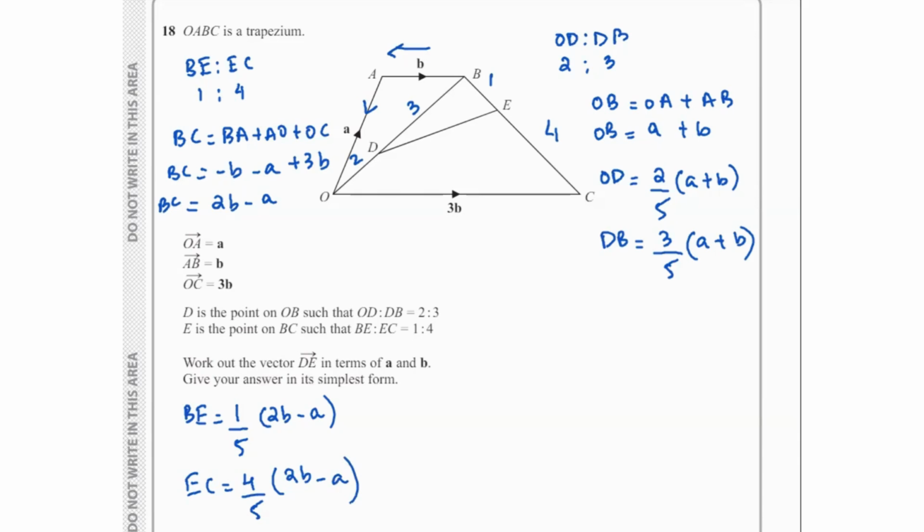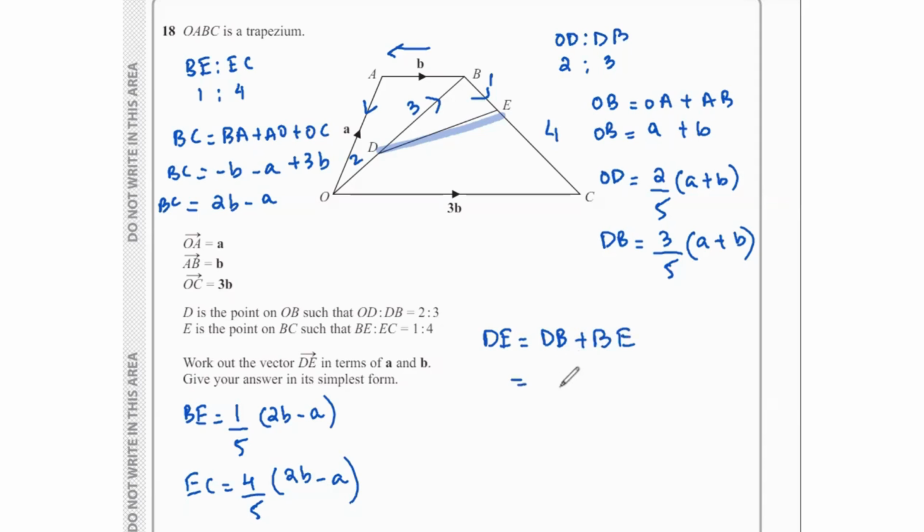For vector DE, we can go from D to O, O to C, and C to E, or you can go from D to B and B to E. I'm going to use the other direction, from D to B and B to E. So DE will be DB plus BE.